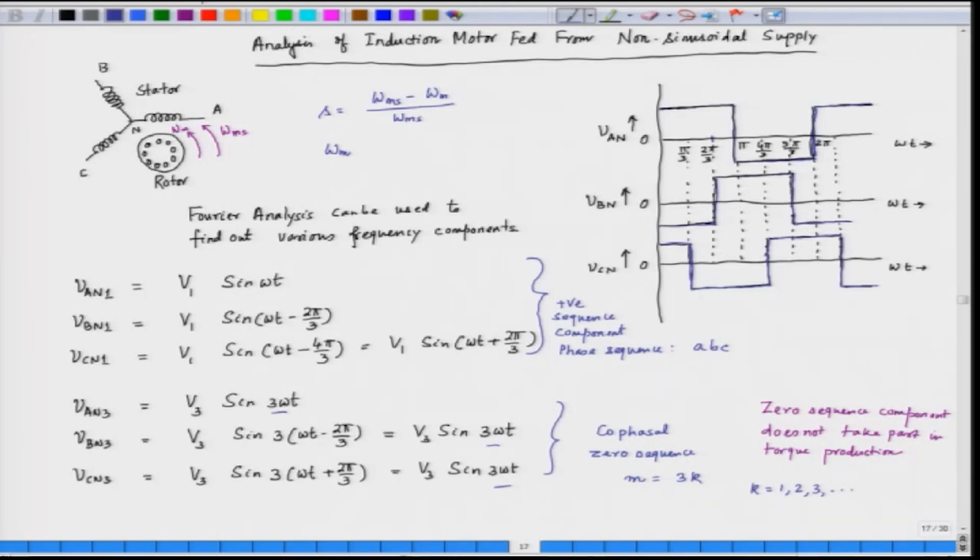We see that s is equal to 1 minus omega m by omega ms. If we want to find omega m, we take it to the left hand side, so we have (1 minus s) into omega ms. So, we can replace the speed of the rotor omega m by (1 minus s) into omega ms, where omega ms is the synchronous speed and omega m is the rotor speed.